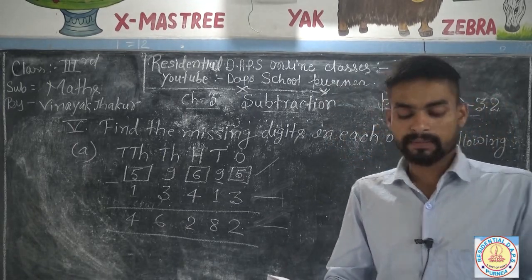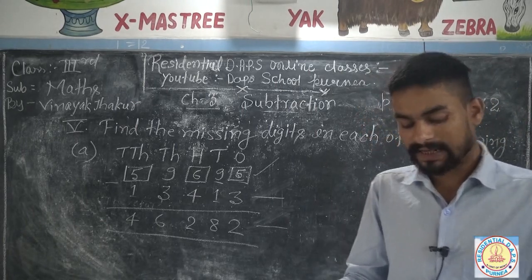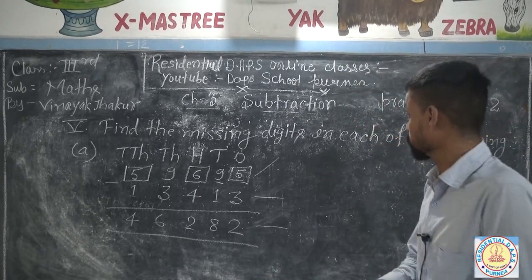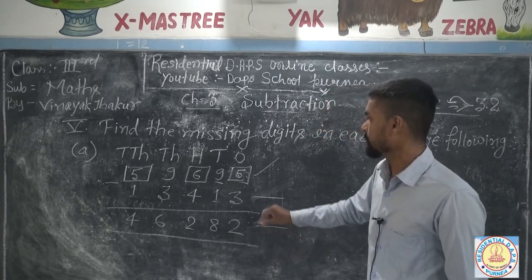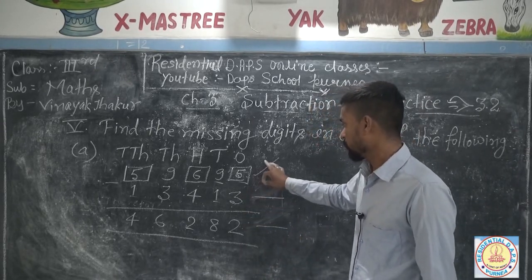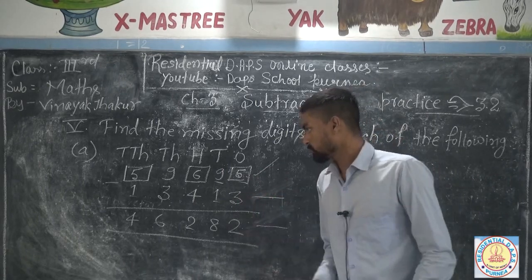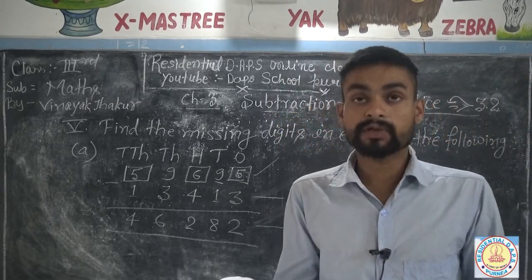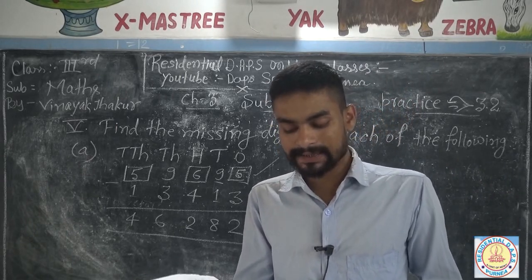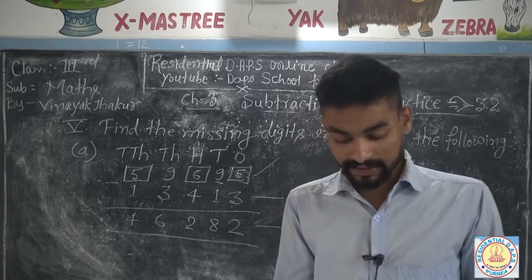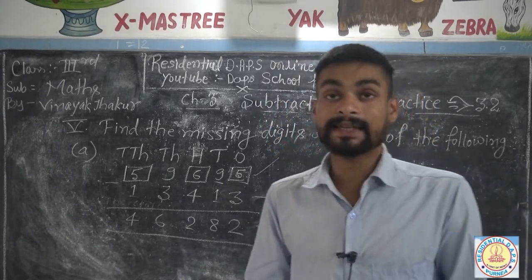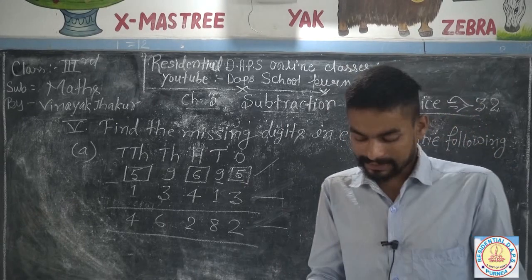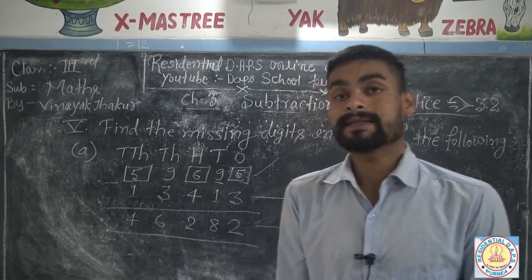Remember to find the missing digits in the subtrahend, subtract the digits in the difference from the digits in the minuend. So you have to remember just 2 points: to find the missing digits in the subtrahend, subtract the digits in the difference from the digits in the minuend, and to find the missing digits in the minuend, add the digits in the subtrahend and the digits in the difference.